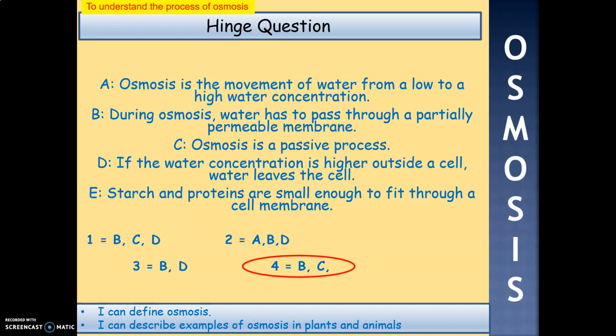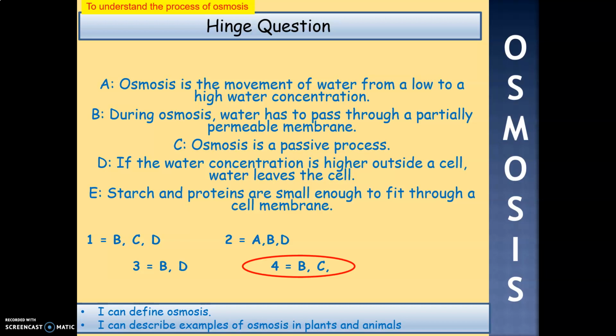Yes, of course. Water will pass through a partially permeable or semi-permeable membrane. Amazing. Osmosis is a passive process, of course, because we said the movement is down a concentration gradient, so energy is not required. Excellent.